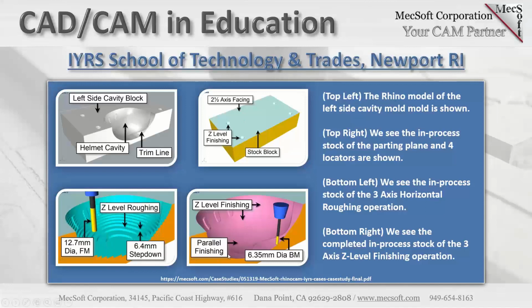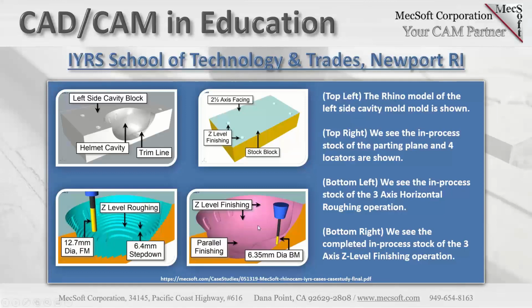And then in the bottom, where the action takes place, on the bottom left, you see a Z-level roughing operation, or horizontal roughing, as it's called. And it's done with a 12.7 millimeter, 1/2 inch diameter flat end mill to clear out the stock for the cavity.